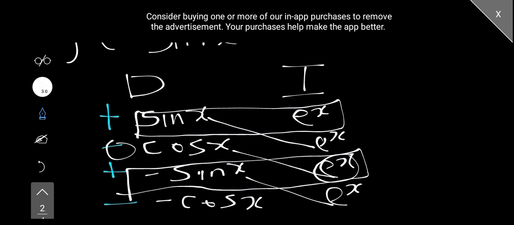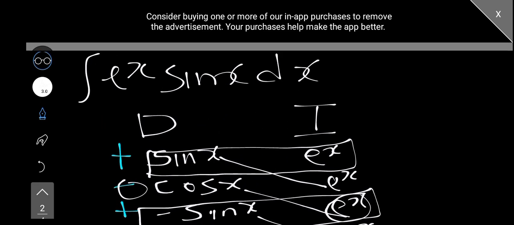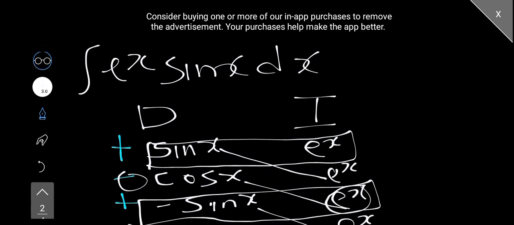When you multiply cos x times e to the power x, the result is the integral of e power x cos x.